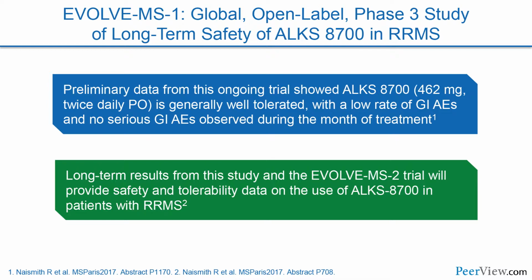Preliminary data from the ongoing trial presented in Paris showed that ALKS 8700 is generally well tolerated, with a low rate of GI-AEs, and no serious GI-AEs were observed during the first month of treatment. Long-term results from this study and the EVOLVE-MS-2 trial will provide safety and tolerability data on the use of ALKS 8700 in patients with RRMS.